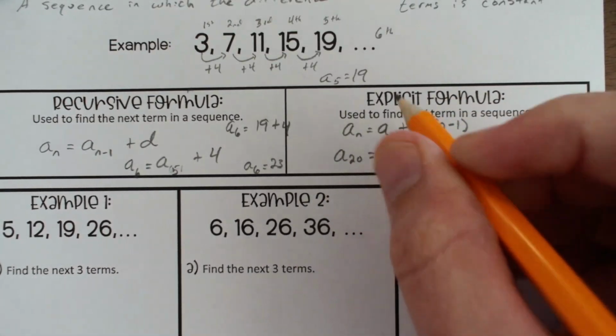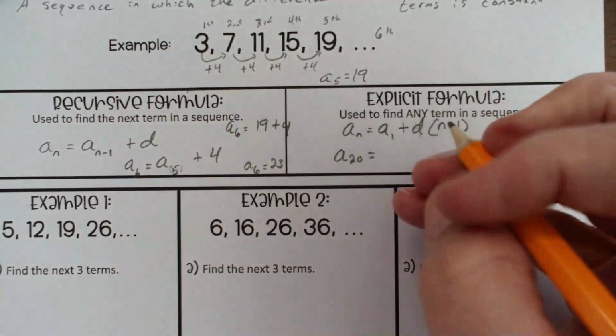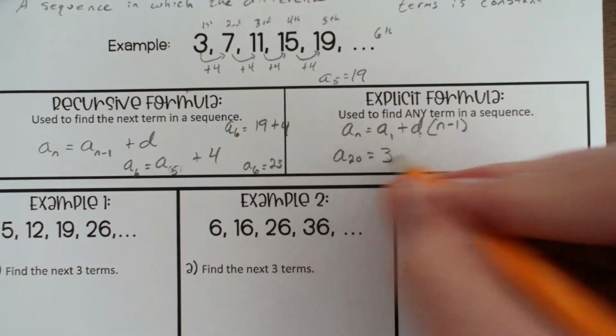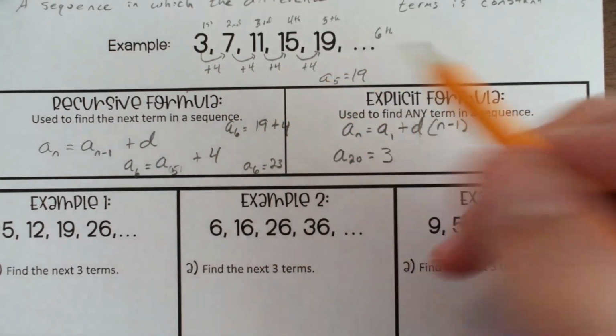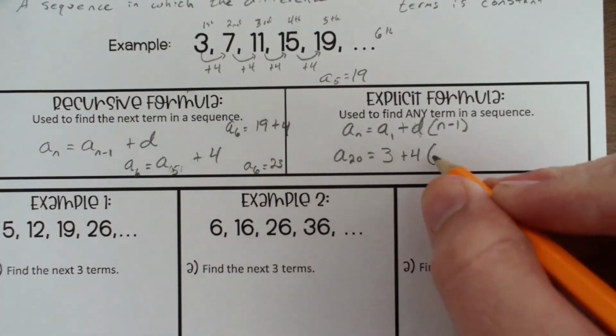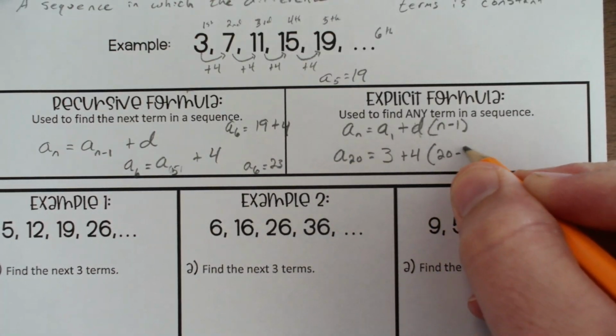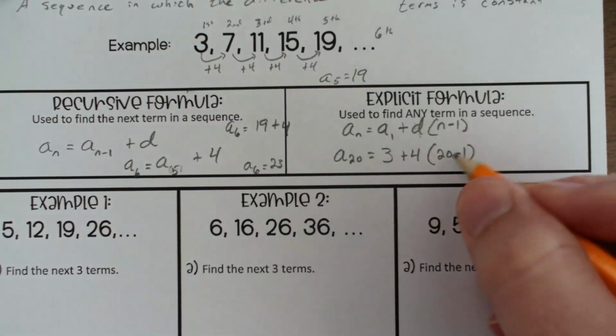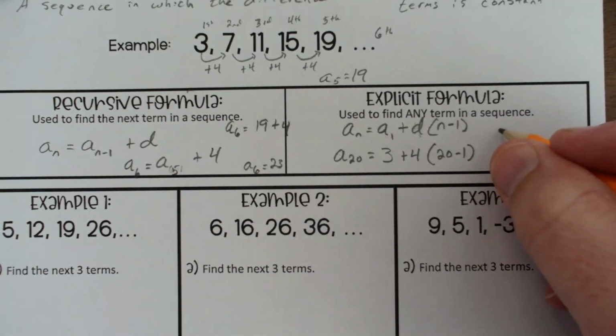I look at my first term. My first term, a_1, is 3. My common difference every single time is 4, so I'm going to say plus 4. And n in this case is 20. So 20 minus 1, well, that is 19.